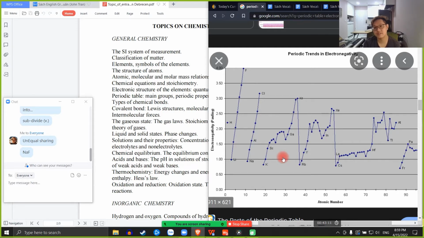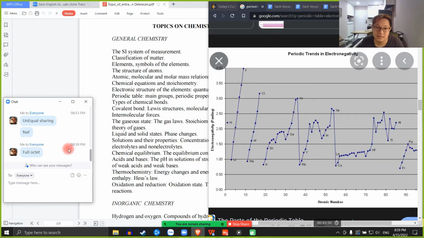Which electronegativity also explains how easy it is to accept electrons. How easy it is to accept or attract electrons from anywhere. I don't care. Just attract electrons. So of course, basically group 7, when you have 7 electrons already, you really want to get one more to achieve the full octet, right? Yep. So that's why very high electronegativity at group 7.